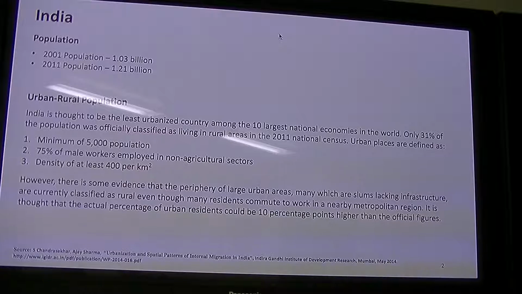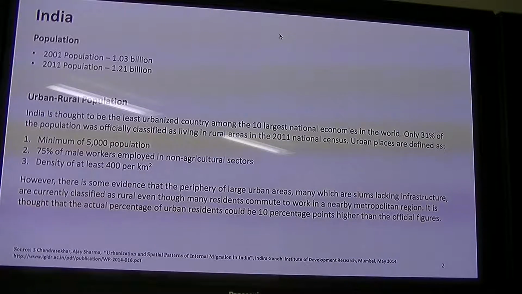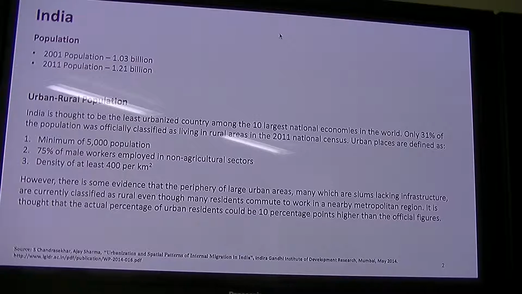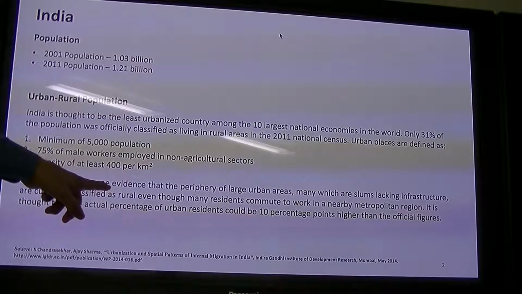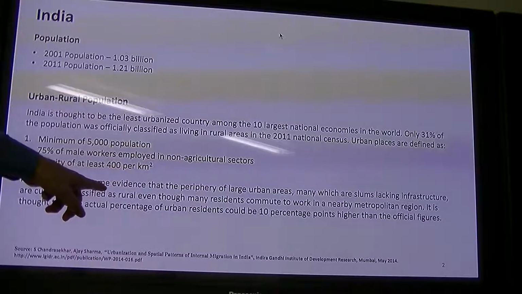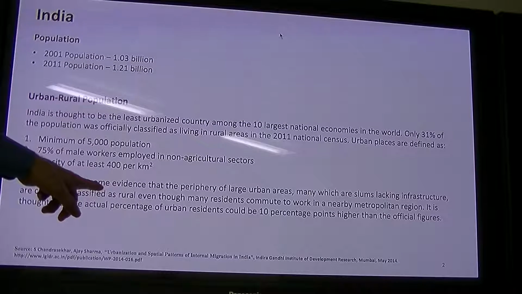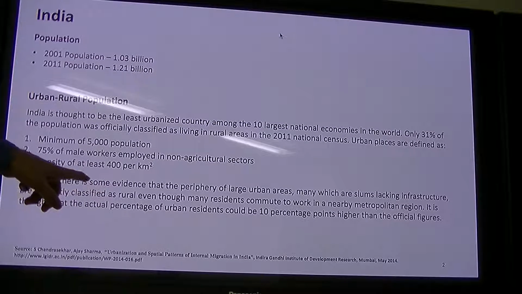And in Japan, 67% of the population live in DIDs. So you have only 30% of the population in India, and these are areas with at least 400 per square kilometer. You wouldn't even consider much of this an urban area. So even that 30%, a lot of that is hardly urban.